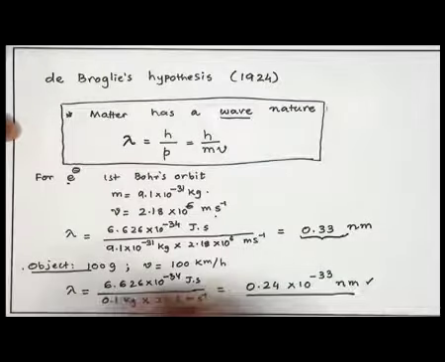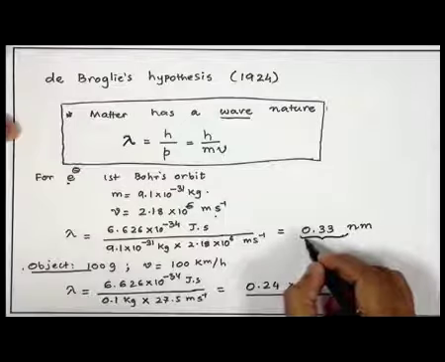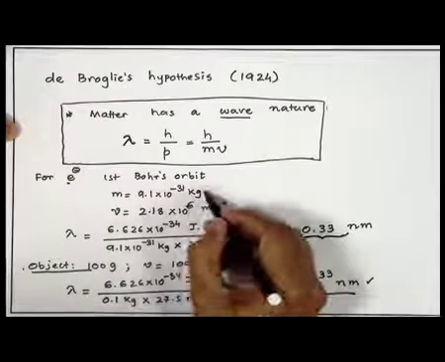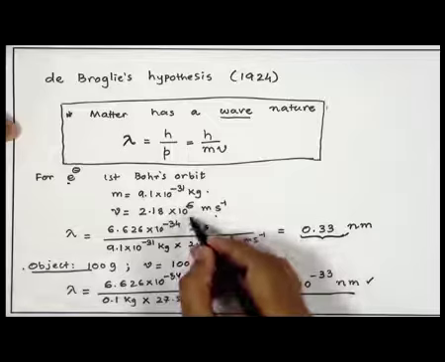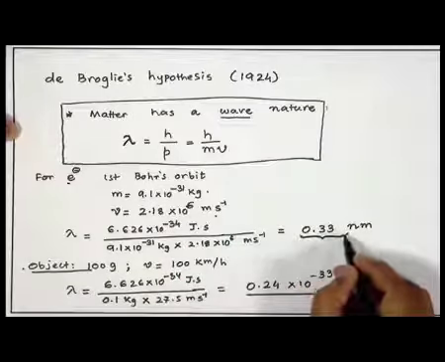So, they show nearly particle-like behavior, but for microscopic objects like electrons, where mass is very small and speed is quite high, the wave-like property of the electron is very significant.